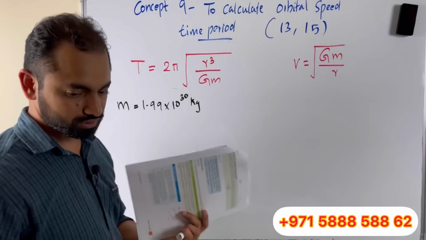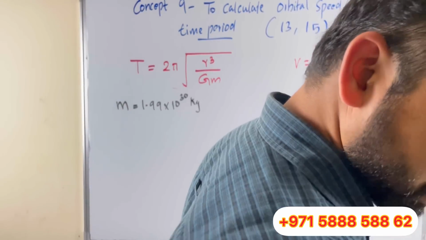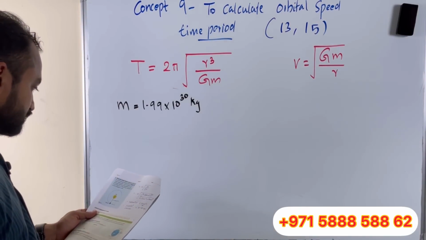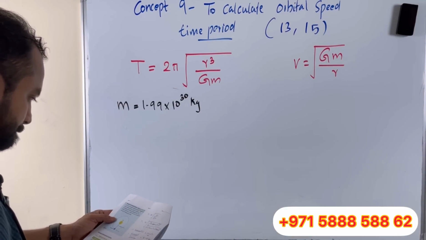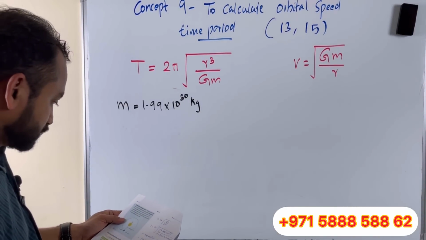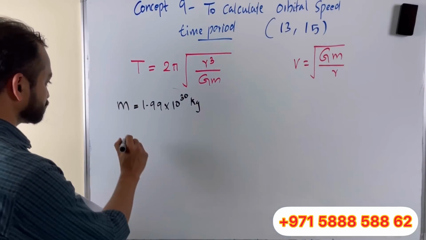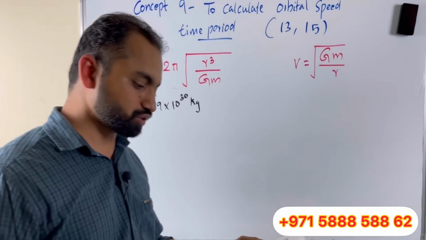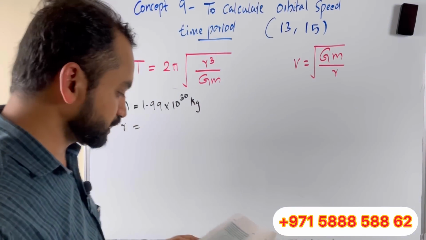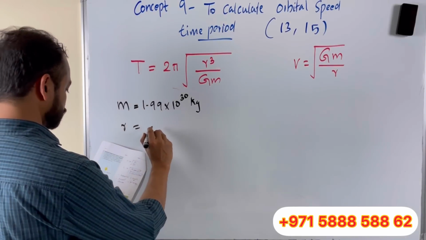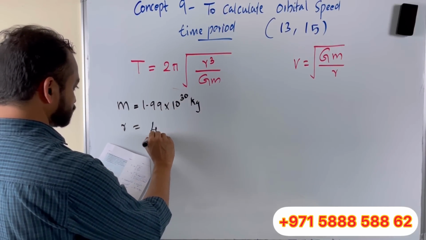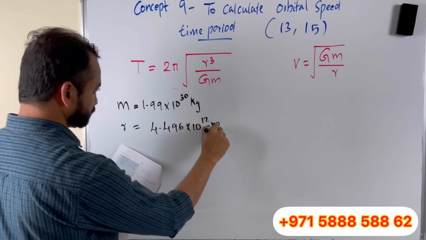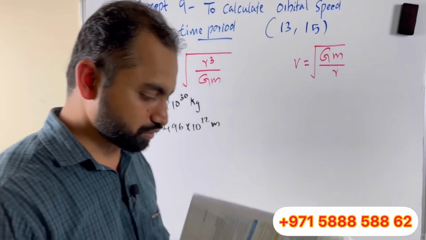And the orbital radius is given, meaning the distance from the center of the Sun to the planet Neptune, that is equal to 4.496 times 10 to the power 12 meter.